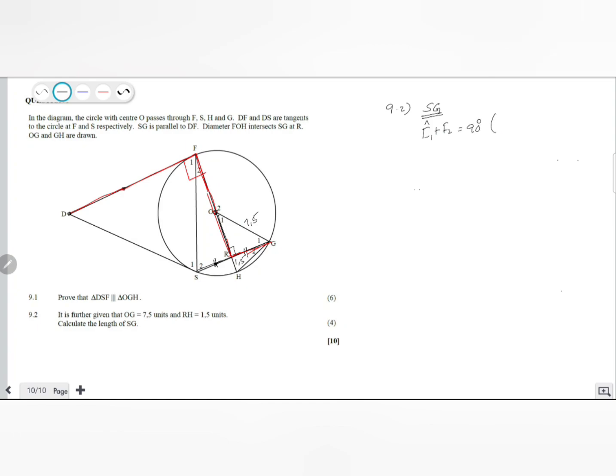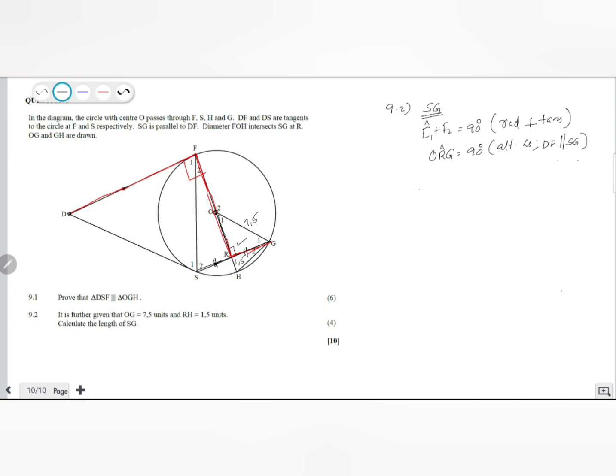What is the reason? It is radius perpendicular to tangent. Okay, then angle ORG is equal to 90 degrees. What is the reason? Alternate angles. Because DF is parallel to SG. Is it clear?